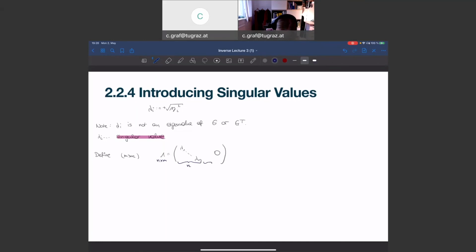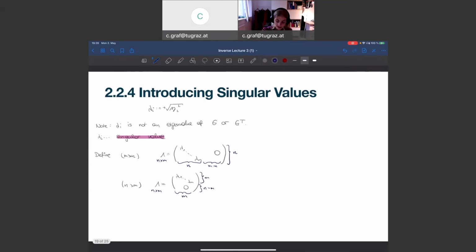Here we have n, m minus n, and n. Case 2, n greater than m. Here we have lambda equal to lambda 1 up to lambda m. Lambda now is an n by m matrix. Here we have m, n minus m, and m.